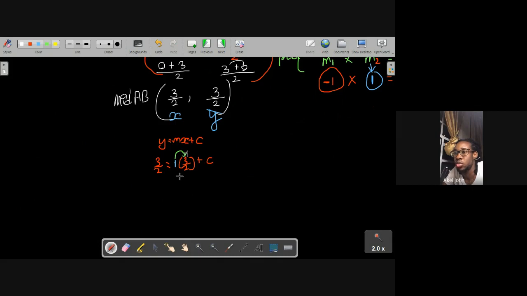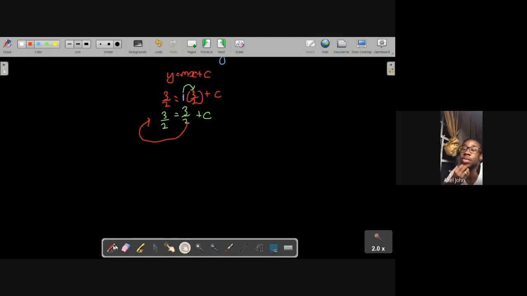1 times 3/2 would be 3/2, equal to 3/2 plus c. You would need to send this across, or however you choose to go about it. That would be 3/2 minus 3/2 equal to c, and that would be 0 is equal to c, or c is equal to 0.